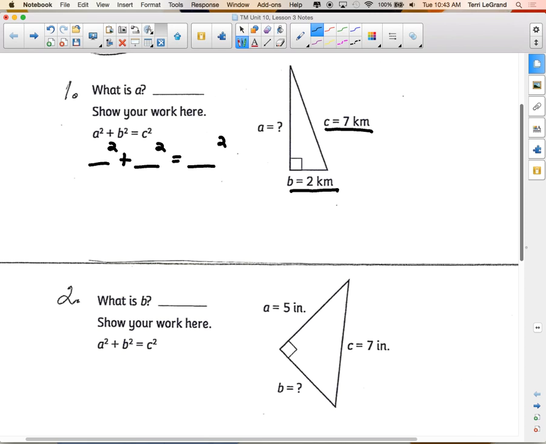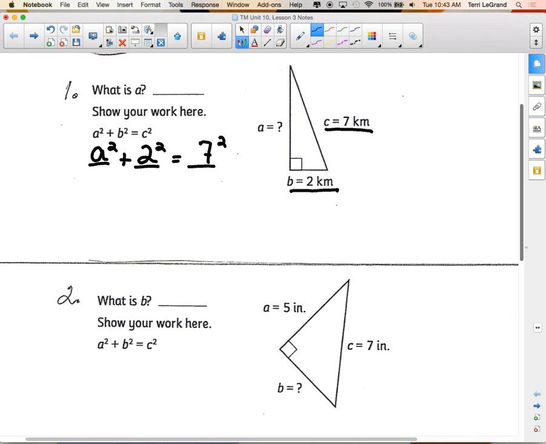Yeah, we could put in a question mark, but that would be kind of silly. So we're going to put A. When we don't know what it is, the variable stands in. Okay? So we're going to say A squared plus, what should we put in for B? 2. And we don't need the kilometers part, we just need the 2 for right now. And what can we put in for C? 7. Okay.